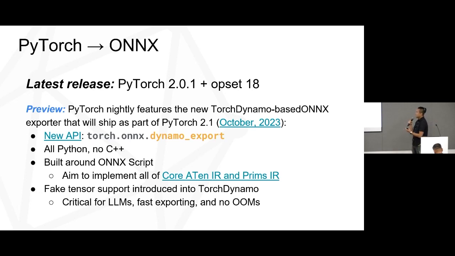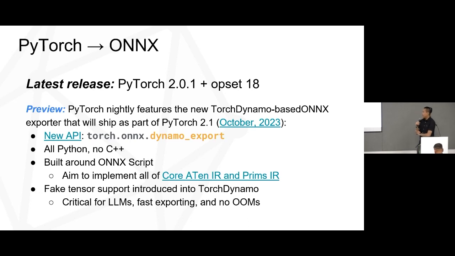And this has some benefits over the existing torch.onnx.export, including the fact that it's all Python. There's no C++ code, and it's built around using ONNXScript for its export. And it aims to implement all of the core ATen and primitive IR ops in PyTorch.